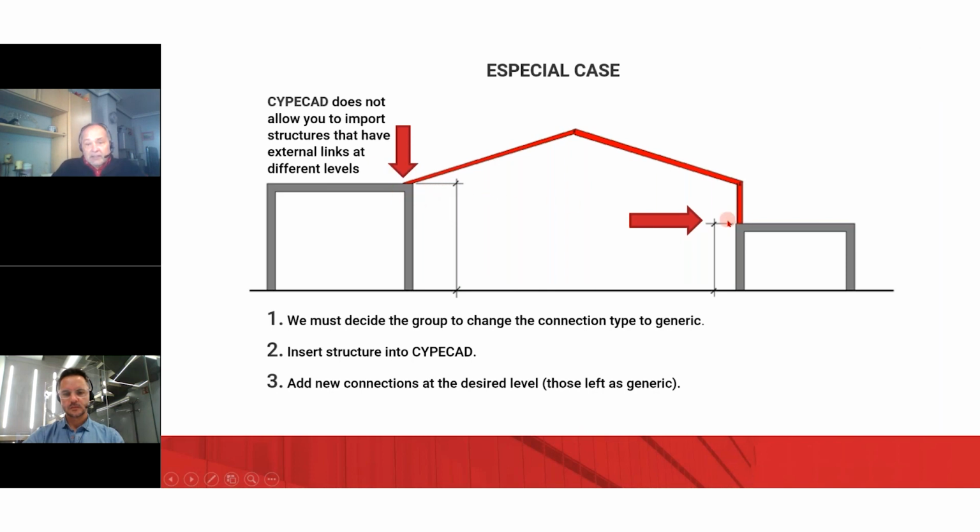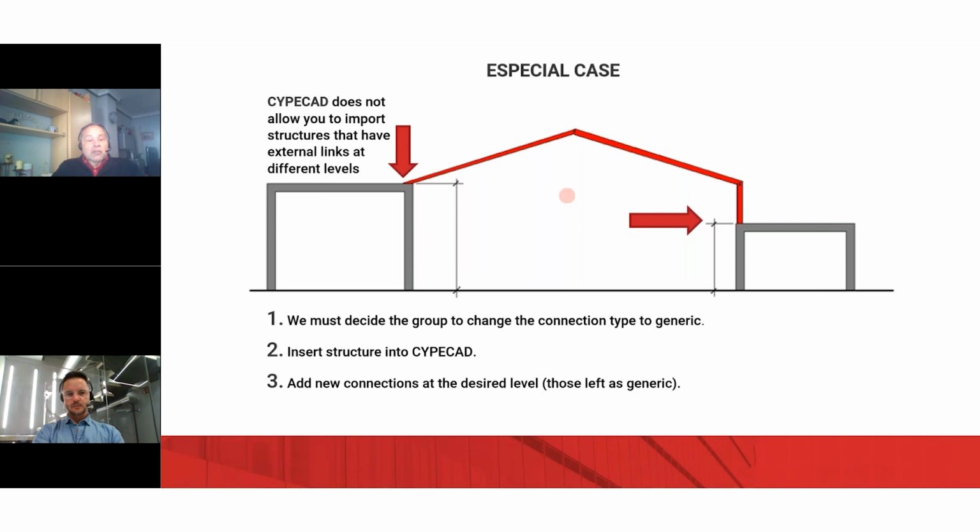So our first case is this one, the right side, but CAD doesn't allow you to import structures that have external links at different levels. So we must first decide on the group to change the connection to generic ones. I'm going to tell you very soon what that really means. These connections, when we are working inside 3D, we call external fixity.